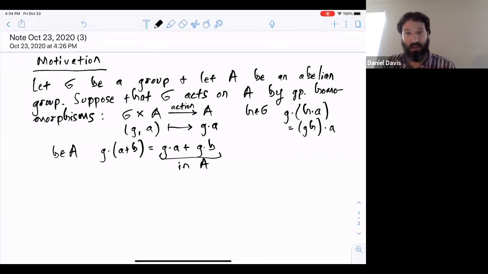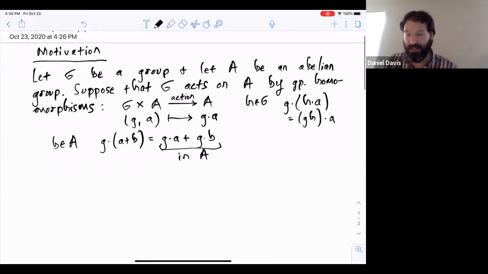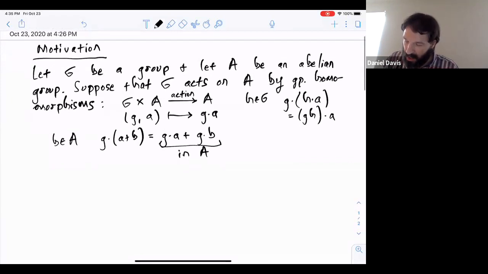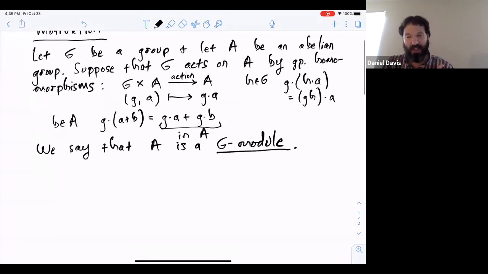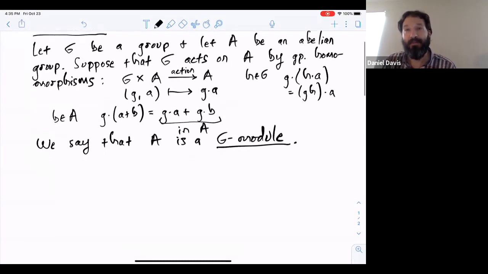Okay, so when we have this structure, we say that A is a G module. Okay. So until I say otherwise, as we roll along, A will continue to be a G module. Okay.